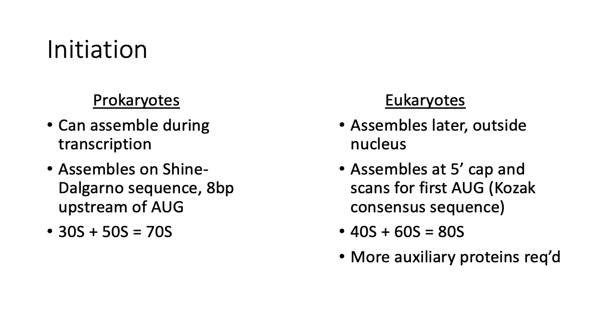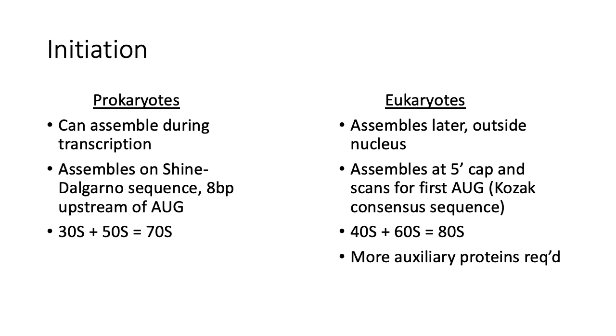But prokaryotes, their mRNAs don't have 5' caps, so their ribosomes cannot assemble at a cap that doesn't exist. So what do they do? They assemble directly at the start codon.